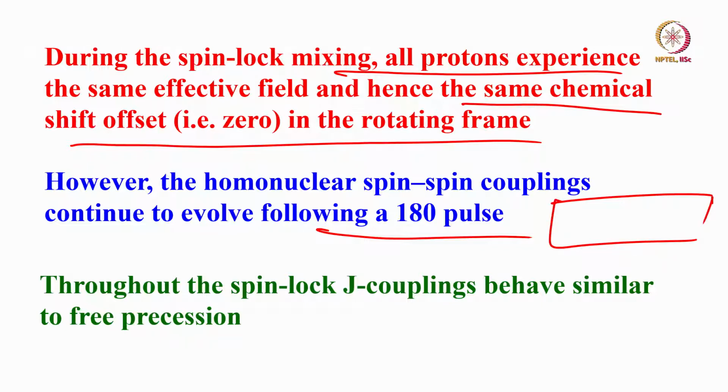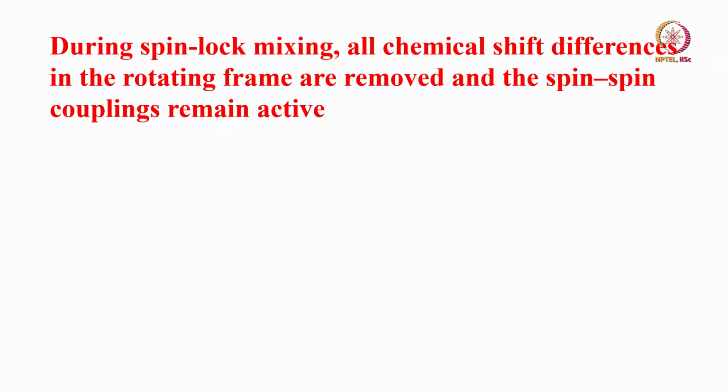Chemical shifts do not evolve, but the J couplings start evolving, as if there is free precession. If there is a delay, there is free precession. So it is about rotation about the Z axis. Like that, the J coupling starts evolving. Only chemical shifts do not evolve in the spin locking sequence.